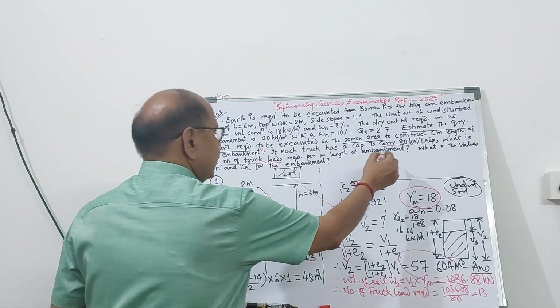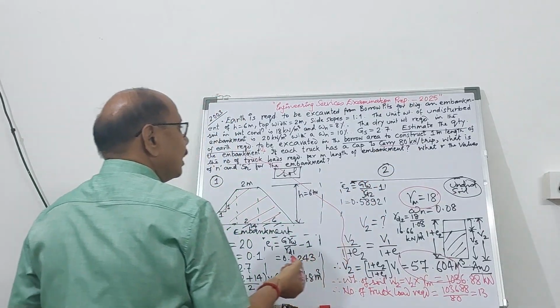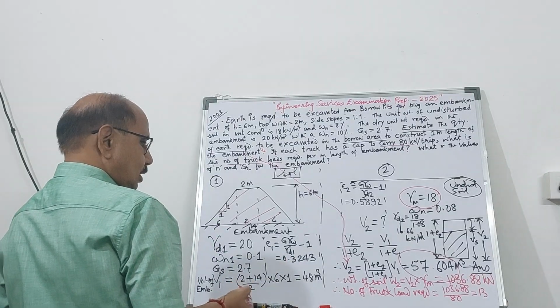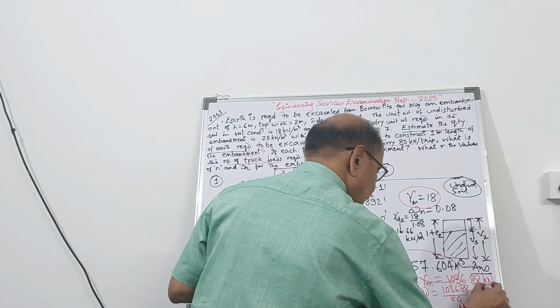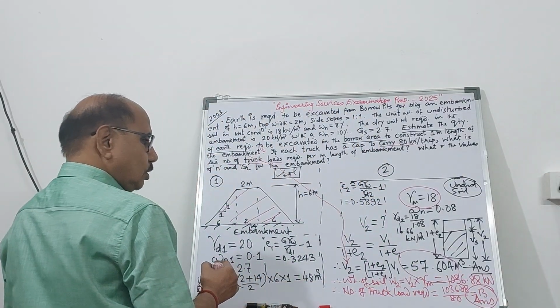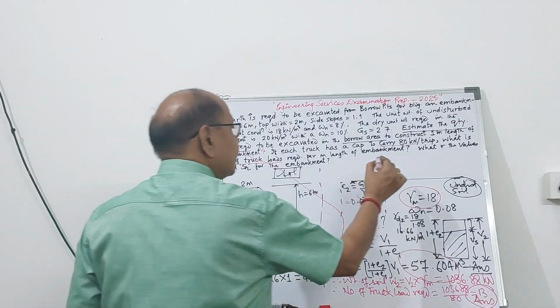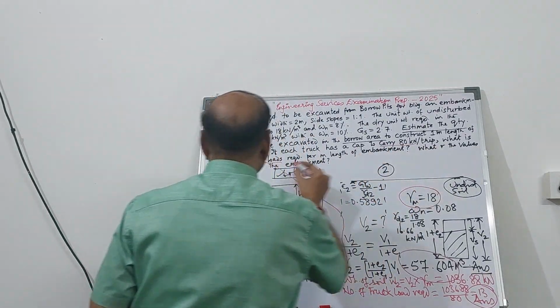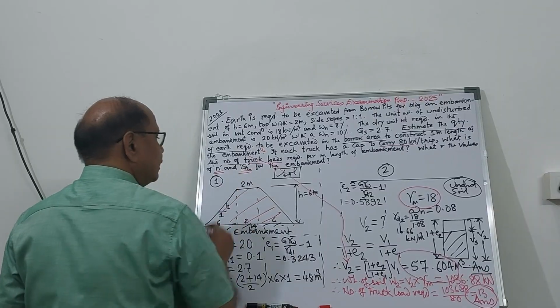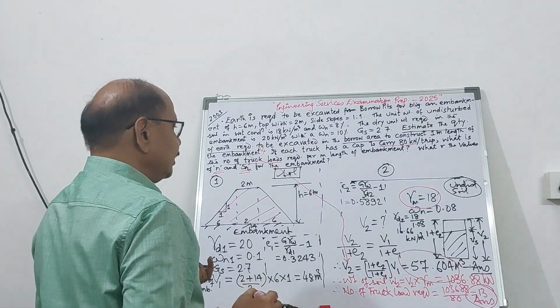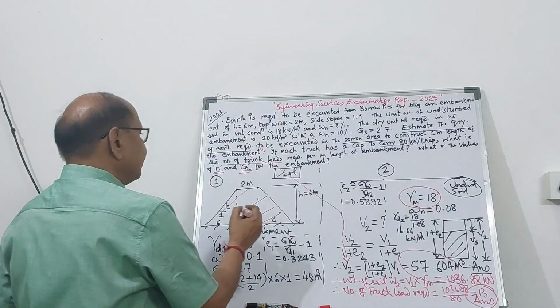So this is another answer. Now, the third part is: what are the values of porosity and degree of saturation for the embankment.